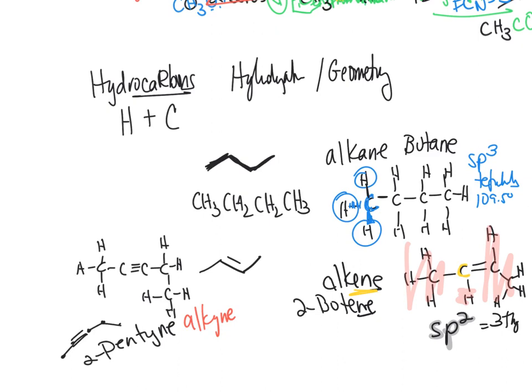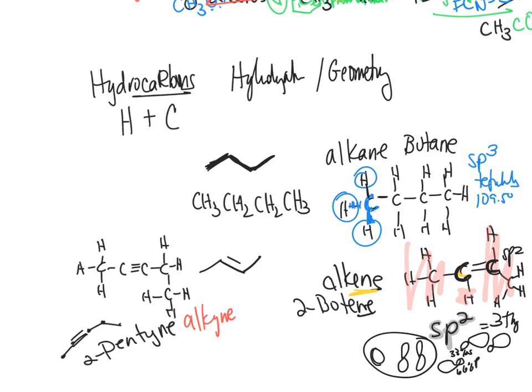So this carbon here and this carbon here are both sp2 hybridization, and that means they used one s orbital and 2 p orbitals, and they mixed these 3 orbitals together to get 3 of these wiffle ball bat shapes, and they have 33% S character and 66% P character. The shape of an sp3 orbital would have 25% S and 75% P.